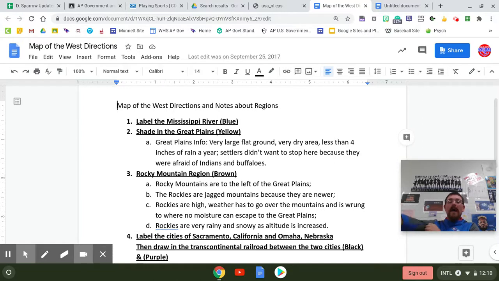Weather has to go over the mountains, and what happens is a lot of this moisture gets caught up in the mountains, and then it's thrown into the Great Plains. So in the winter, you get heavy snows. In the spring, you get lots of storms and tornadoes and tornadic activity in this area. So settlers, not knowing what they're getting themselves into, it's a very high and low temperature gauge and was very problematic because they had never seen anything like it. The Rocky Mountains are very rainy and snowy. And as you get higher, obviously, that is going to be more the case.